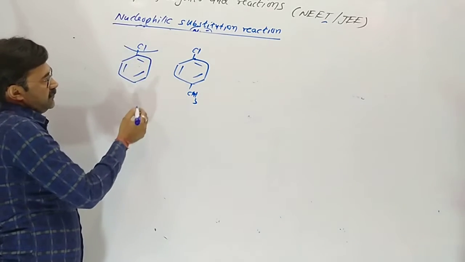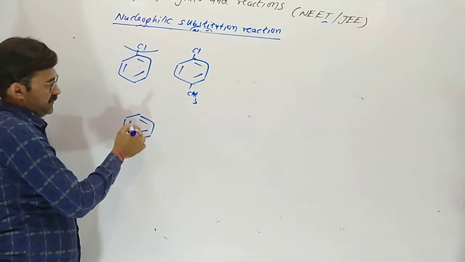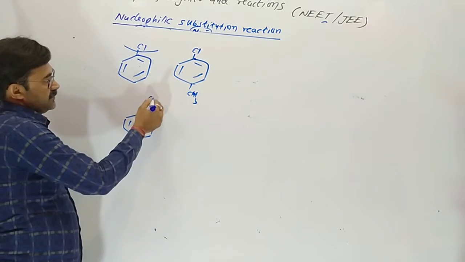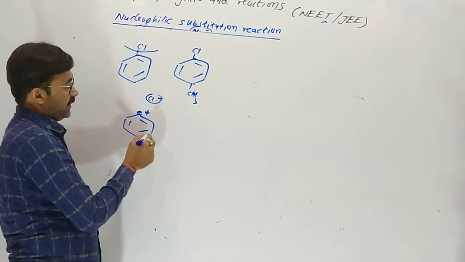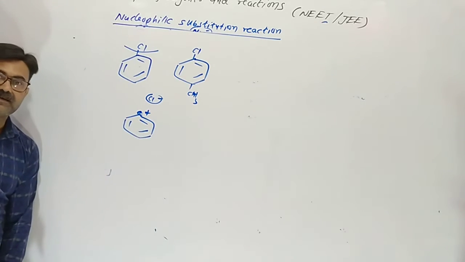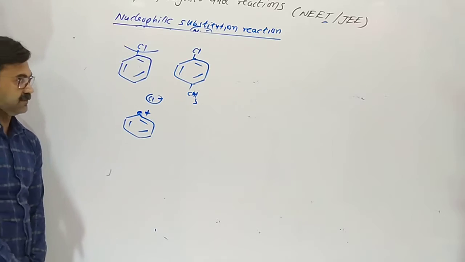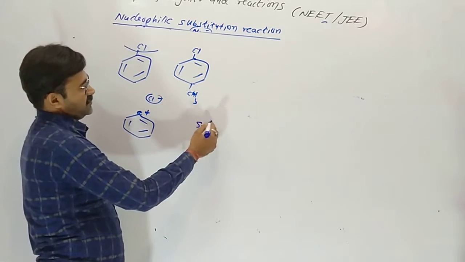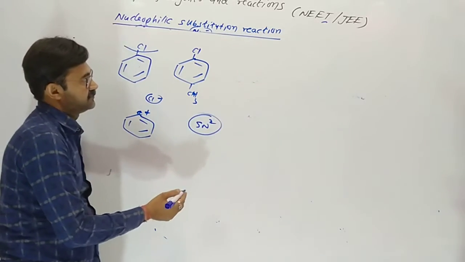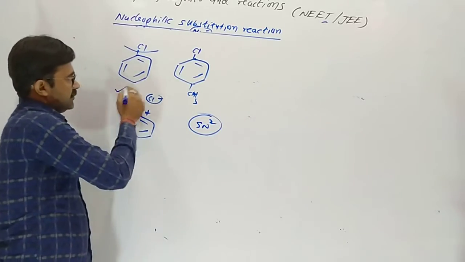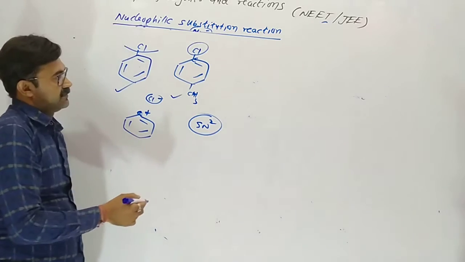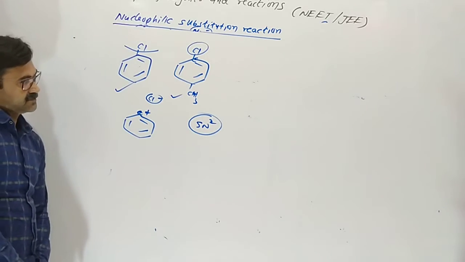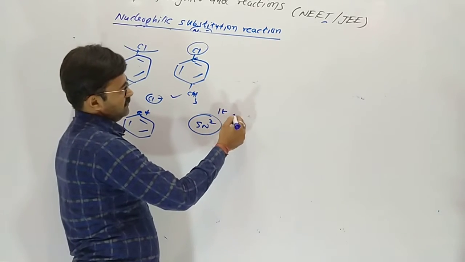Here, after removal of chlorine, this carbon is highly unstable. Phenyl carbocation is highly unstable, so it gives only SN2.